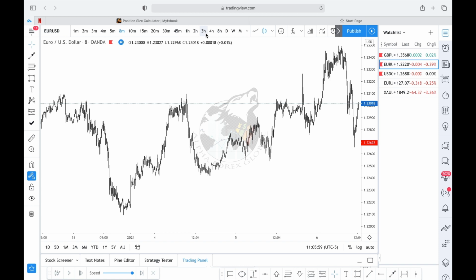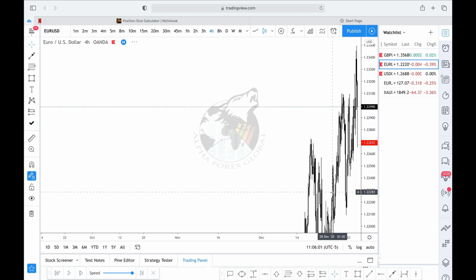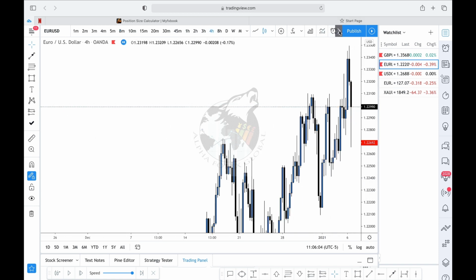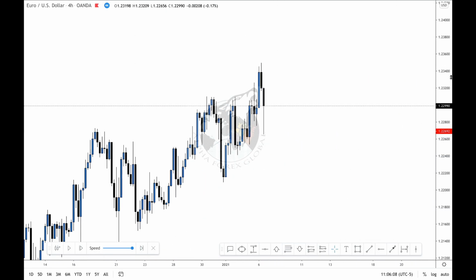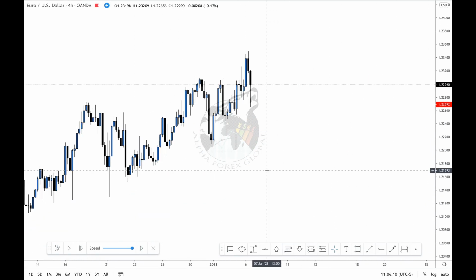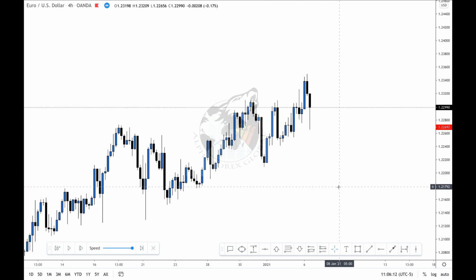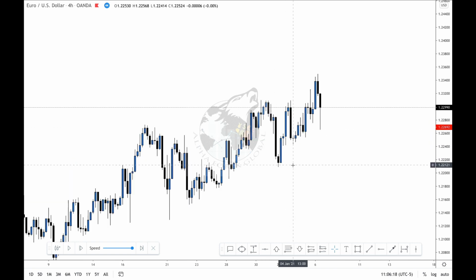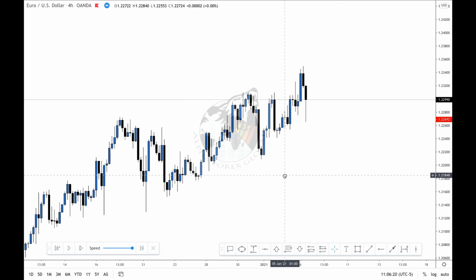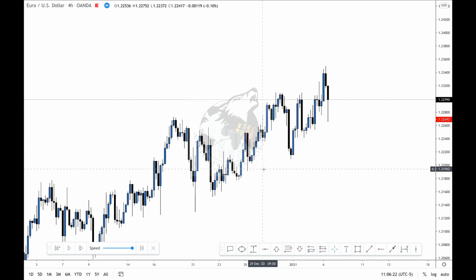So we're gonna start from the 4-hour time frame. All right. So starting from the 4-hour time frame right here, we can see that the market is in an uptrend, obviously, right?